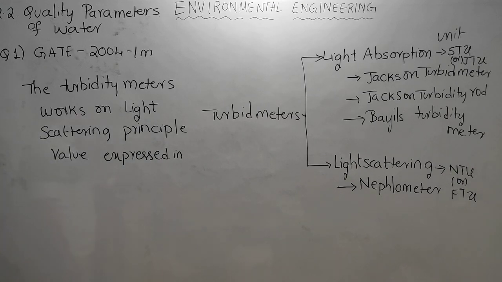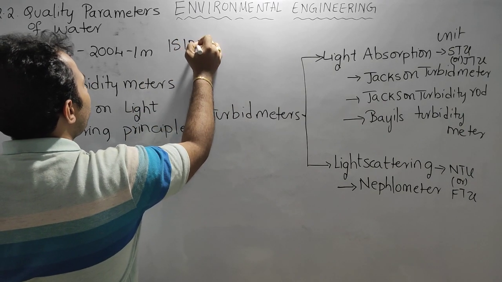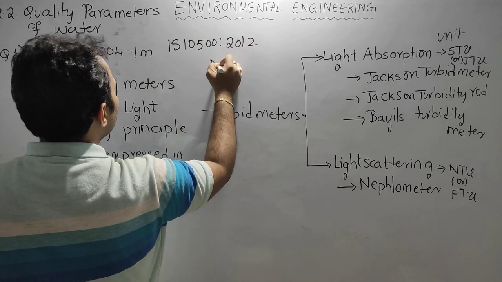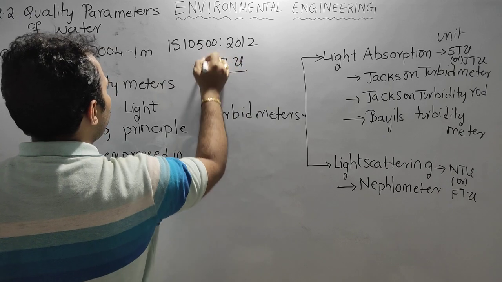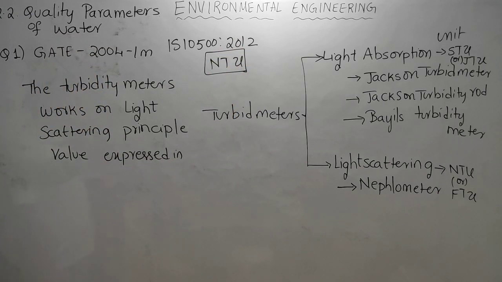Both are correct, but if both are present, preferably choose NTU, because as per Indian Standard Code IS 10500 2012 it was given as NTU only. If NTU is not present, then FTU can be chosen, but NTU is present here, so NTU is the answer.